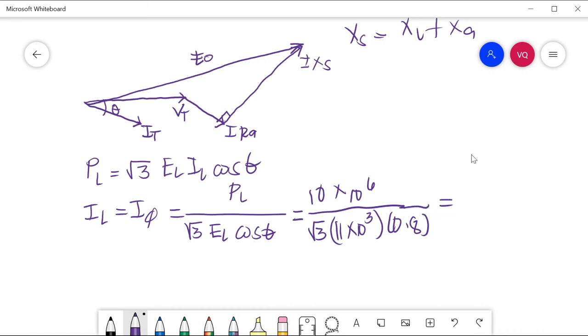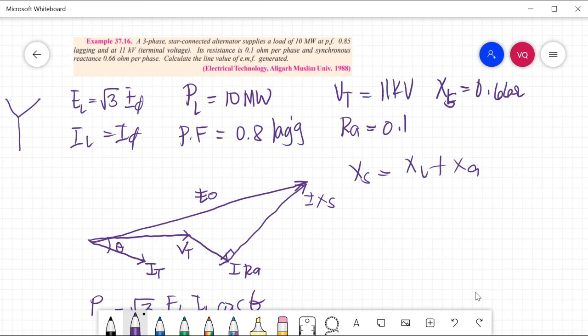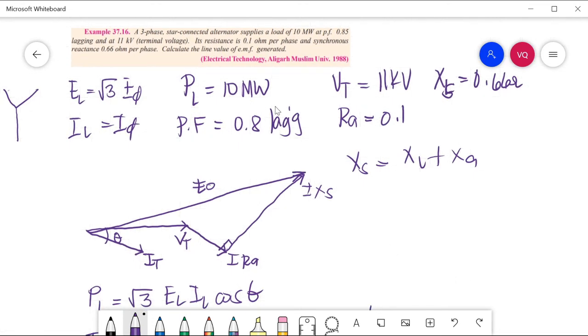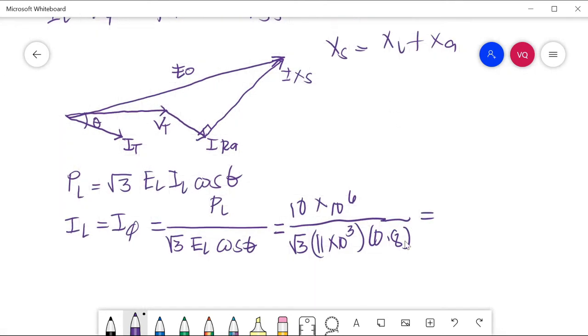Our line current will be equal to 617.487 amperes.